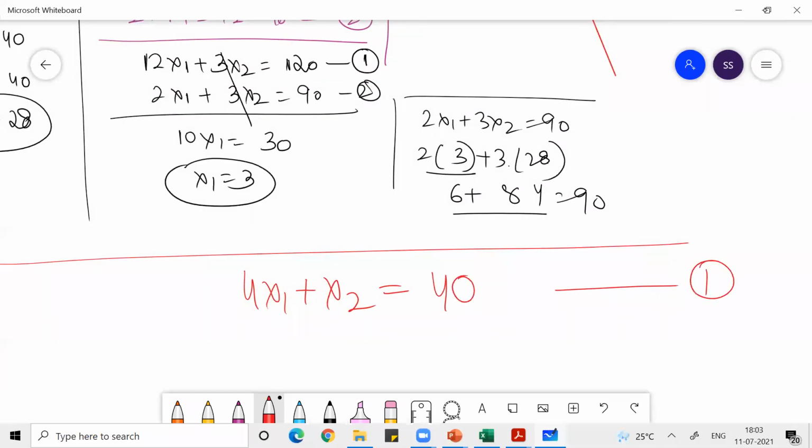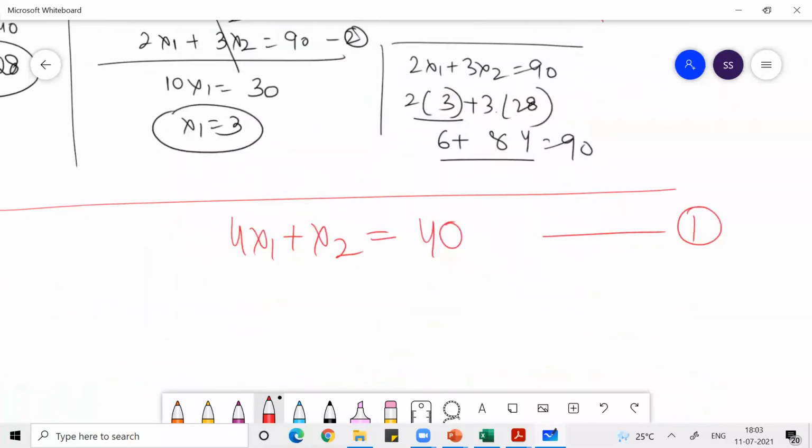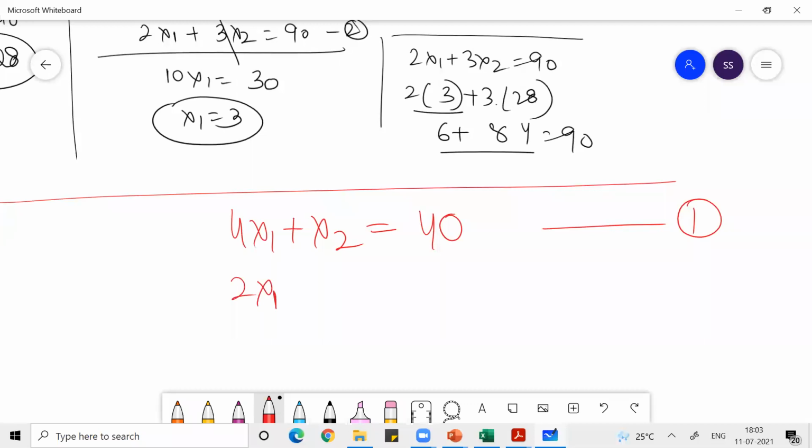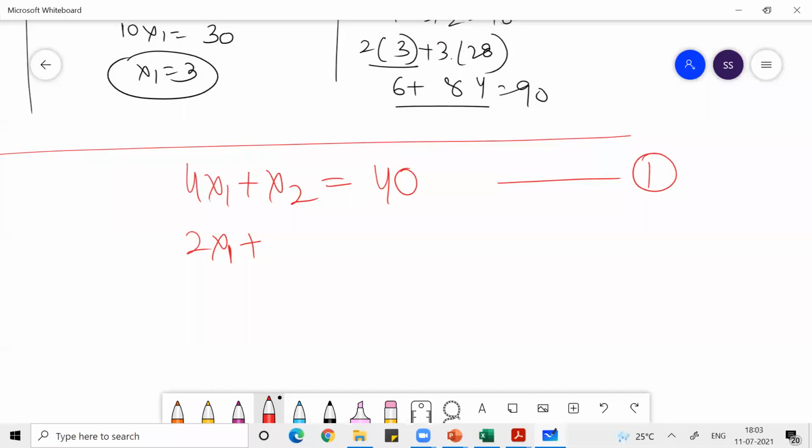This is one equation. The second equation is 2x1 plus 3x2 equal to 90. I'll teach using both methods for the same question.